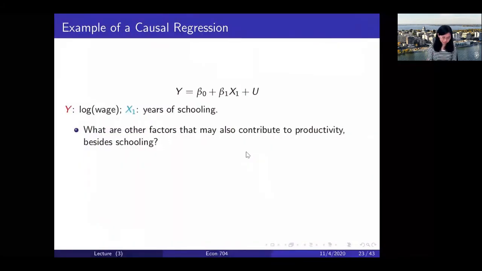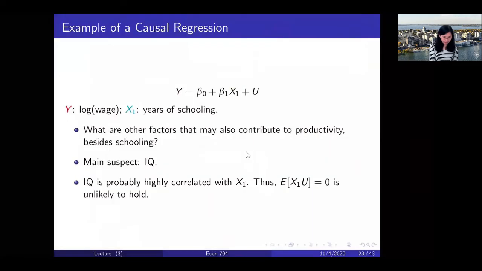For example, let's say that an important factor in U, in the error term, is IQ. IQ is the main suspect in the wage determining equation. The intelligence of the person clearly affects productivity, and clearly it's part of the determining factors of y.